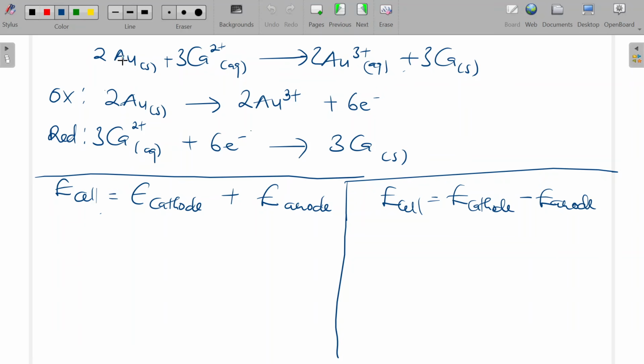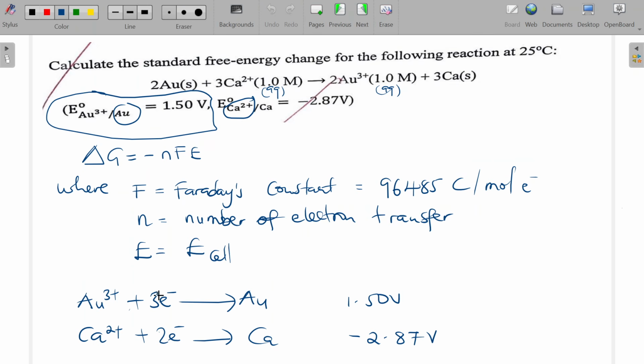It is gold, not the calcium. So we need to change the one for gold. Under normal circumstances we would change this one, because both of these are gaining electrons, so they are both reduction reactions.